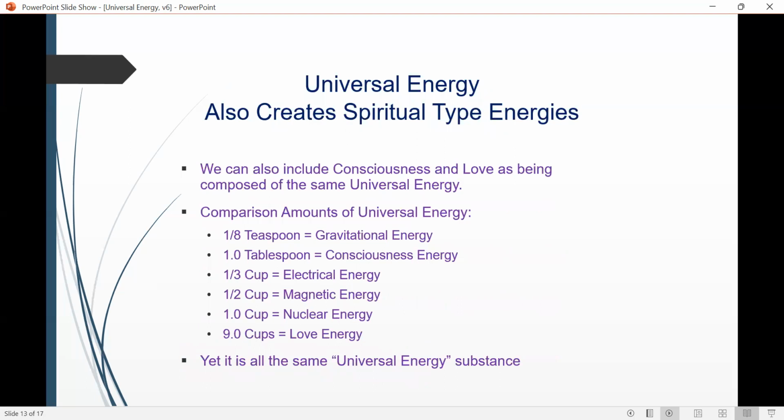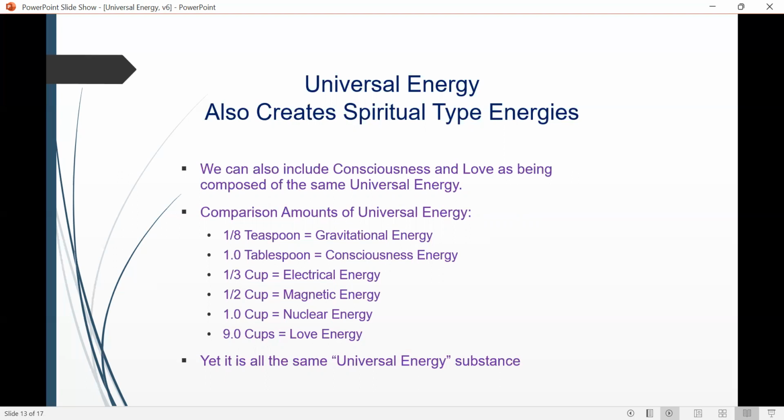Now, this is also important. It goes beyond scientific, but it should be mentioned. Universal energy is universal, meaning it is not just the physical science energies that we know of. It also includes the other things we might call spiritual or metaphysical energies.